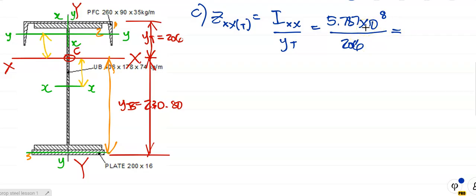Work out the answer, and you should have gotten 2.809 times 10 to the power 6.